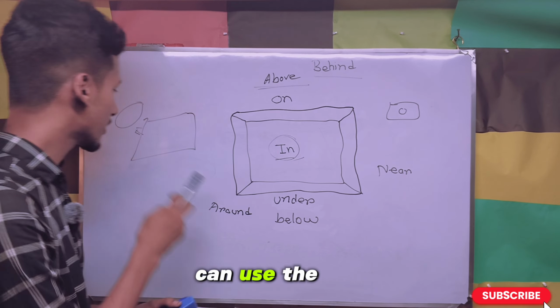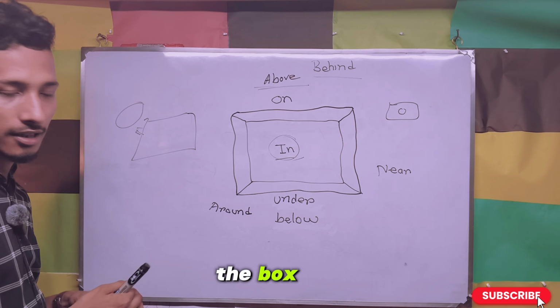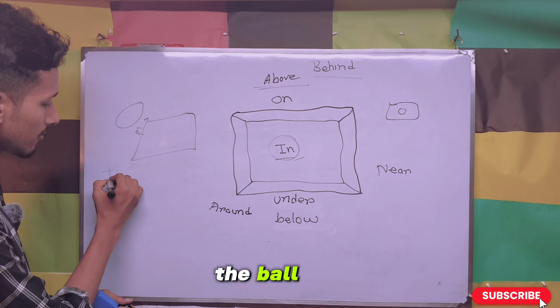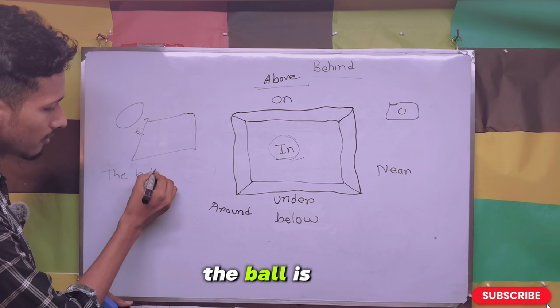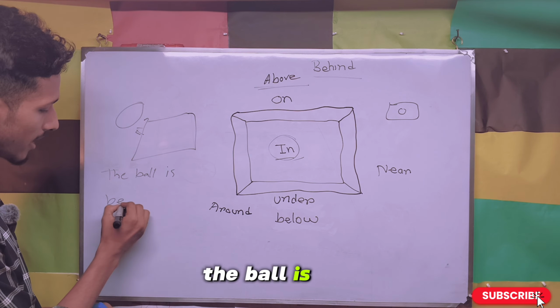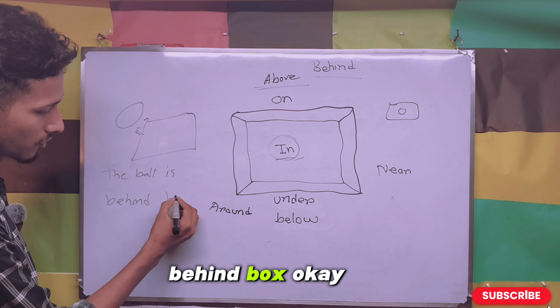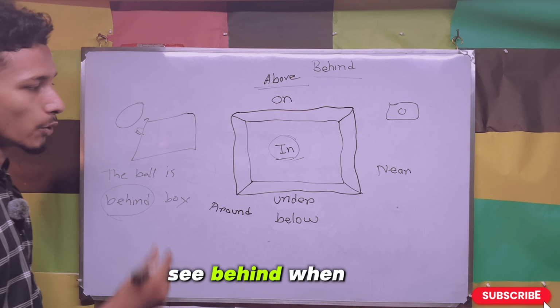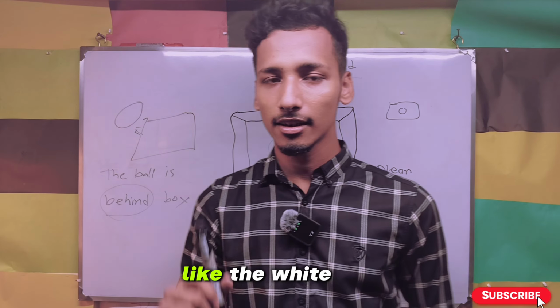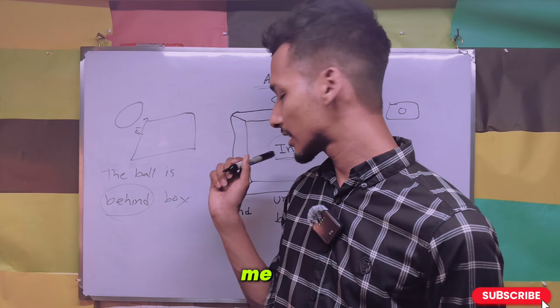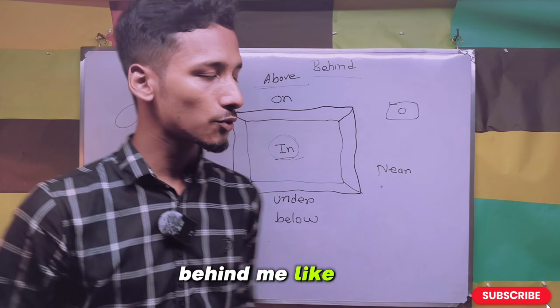So like this we can use it: the ball is behind the box. You can see behind is when it is behind you, like the whiteboard is behind me. Like this we can use it.